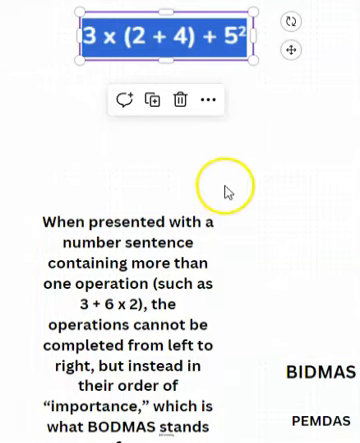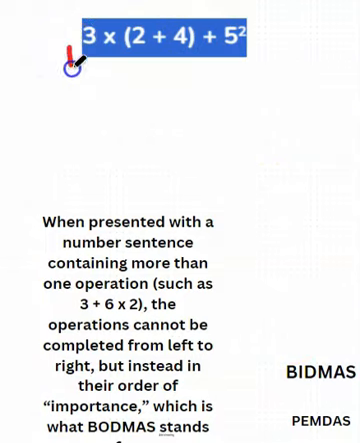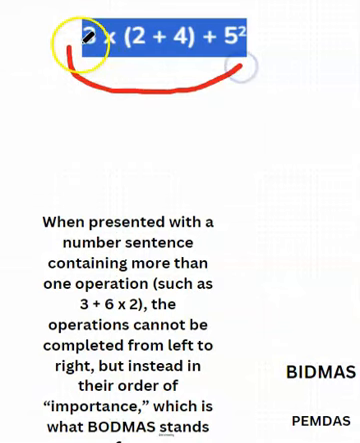Left to right is from this side, where we have 3 times, to this side, where we have 5 raised to power 2. So when we have a number sentence containing more than one operation, we can't do it from left to right. Instead, we have to apply the principles of BIDMAS, PEMDAS, or BODMAS.